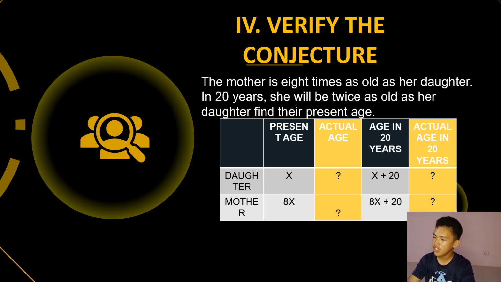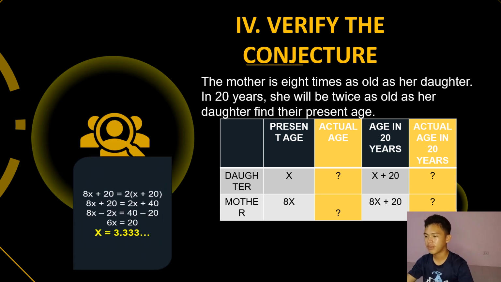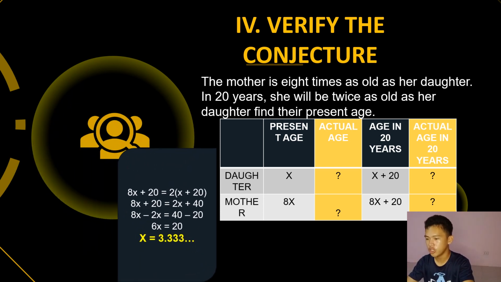In 20 years, the daughter is x plus 20 and the mother is 8x plus 20. So the actual age in 20 years would be question mark also. Are we going to know the solution if this is correct or not? So let's proceed to our solution.